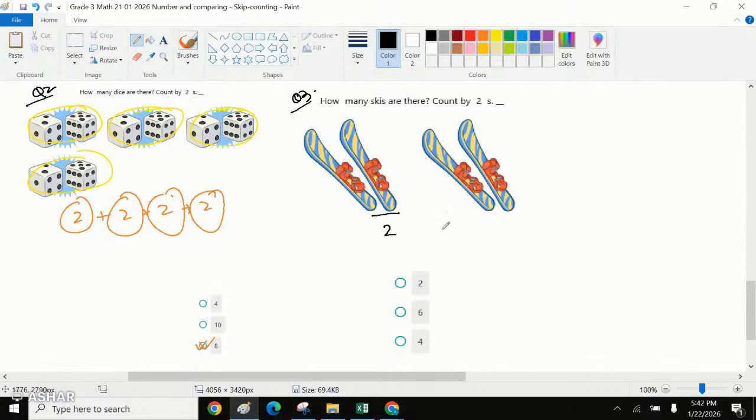There are 2 skis over here, and there are 2 skis over here because we are doing count by 2. And 2 plus 2 would be? Yes, it would be. What should be the answer? 2, 6, or 4? Yes, thank you, Precious. It would be 4.